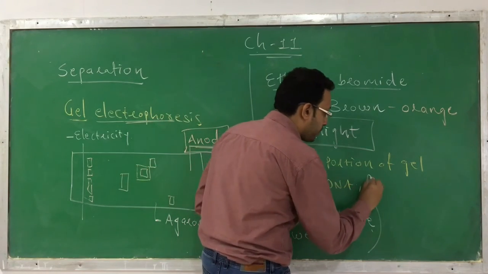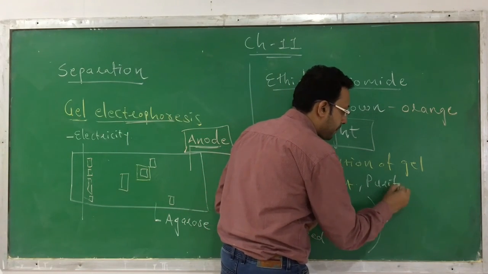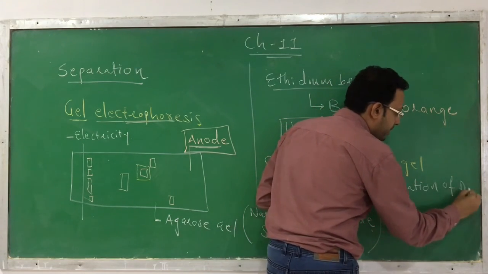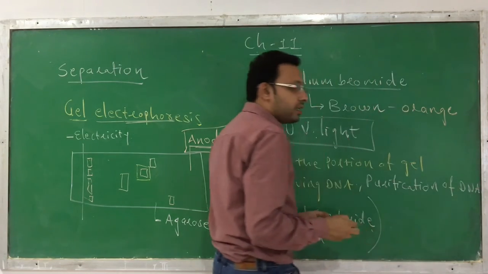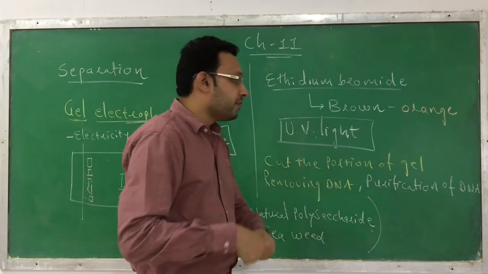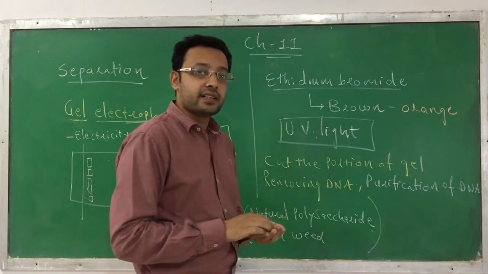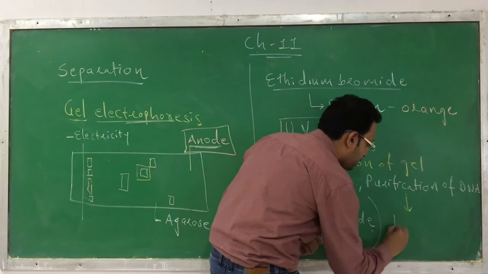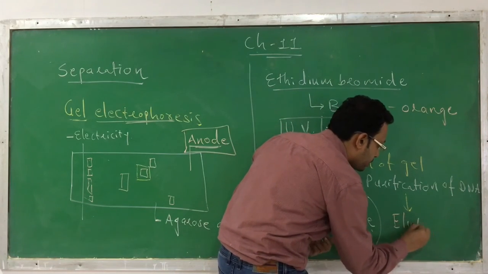Then we go for purification of this DNA. If there is any impurity, we remove it. The process of removing the DNA and purifying it is called elution.